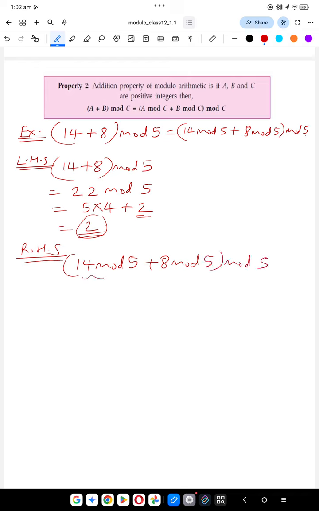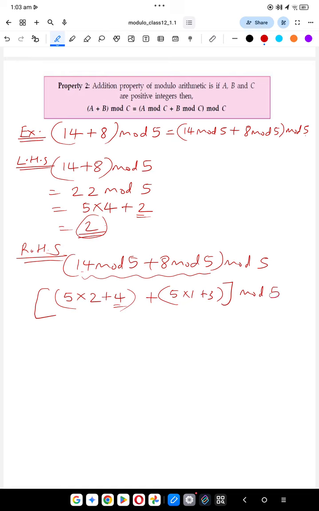So let's solve this expression first by taking a bigger bracket. 14 mod 5: 5 into 2 plus 4, which has given us 4, and here 5 into 1 plus 3, the whole mod 5.